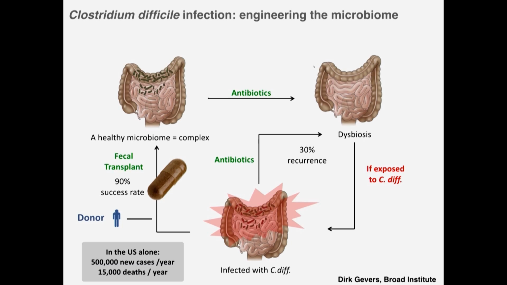Roughly 500,000 people get sick from this each year, and I guess around 15,000 people die each year. So it's a major problem, and the way it works is that usually somebody will go into the hospital for some completely unrelated condition. They'll take antibiotics there, and this wipes out a lot of their healthy bacteria in their gut.